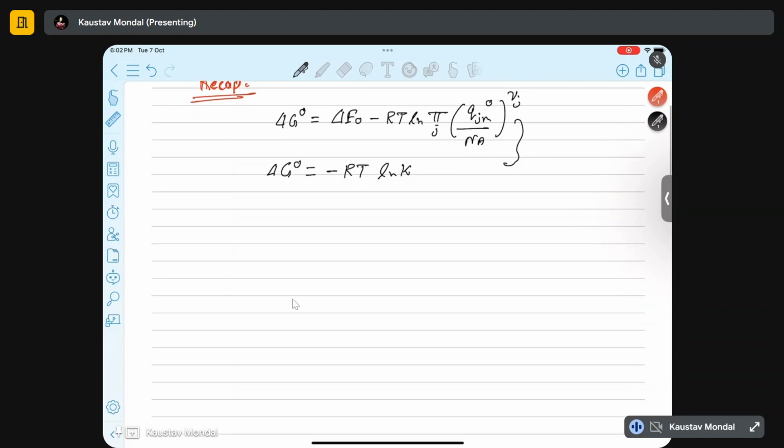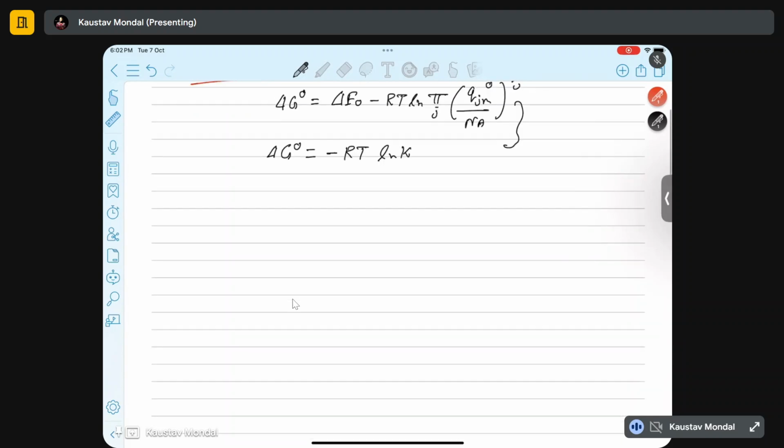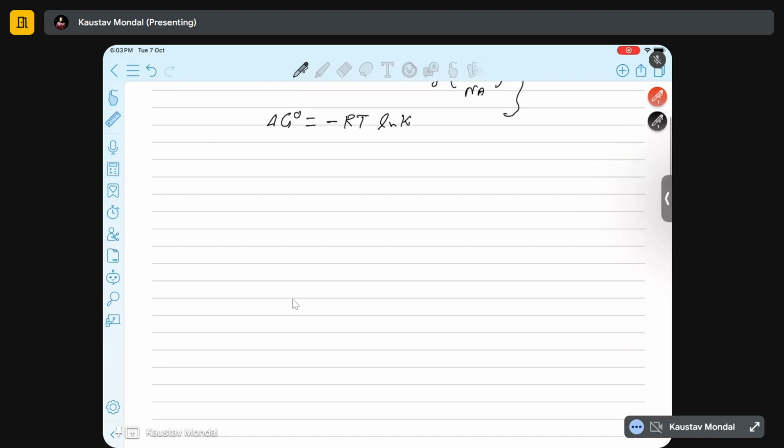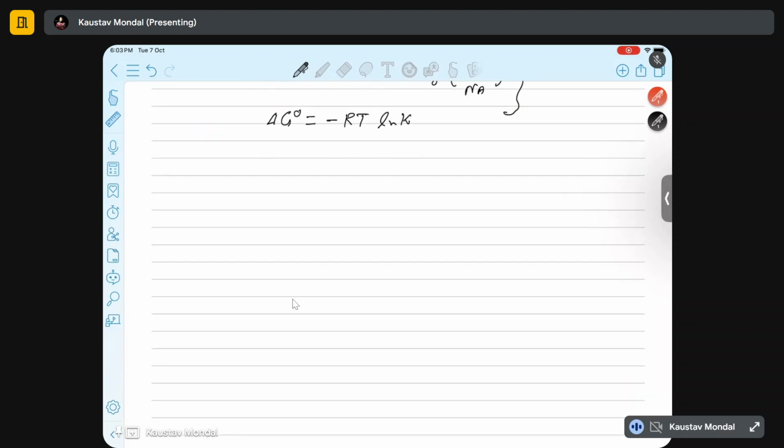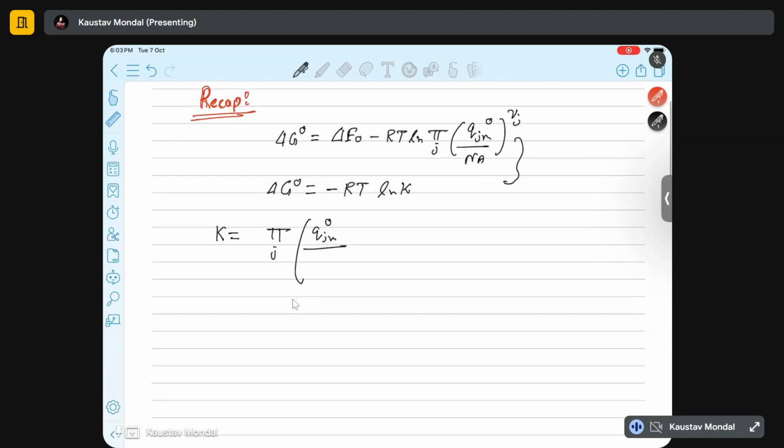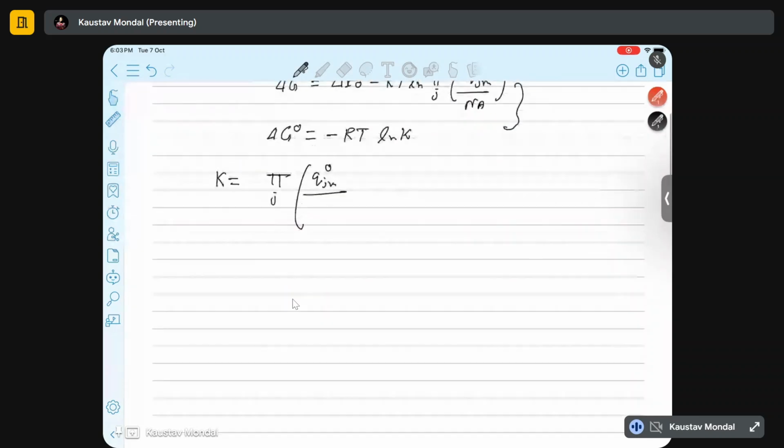We compared these two, and after doing that we got the expression of the equilibrium constant, which looks like this: K equal to the product over j of QjM0, the partition function at standard state, since all these changes in Gibbs energy we are doing when the system is in standard state, that means at 1 atm pressure.